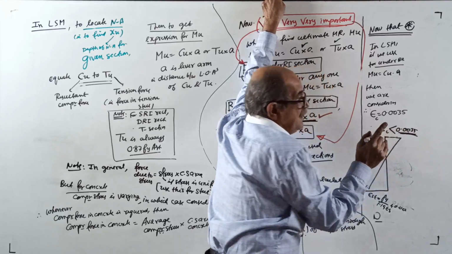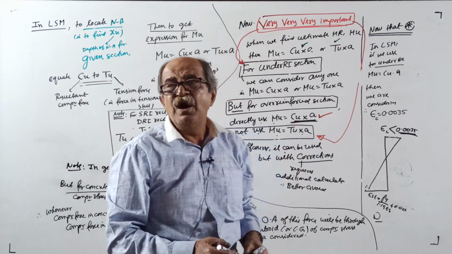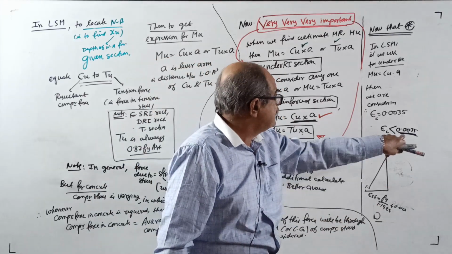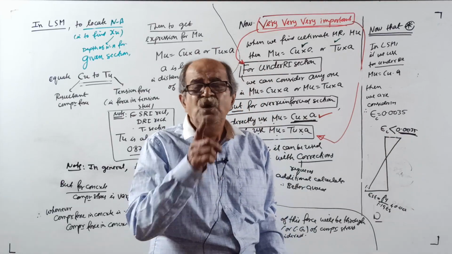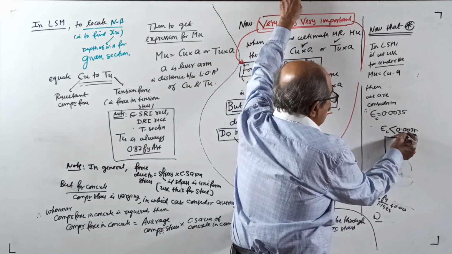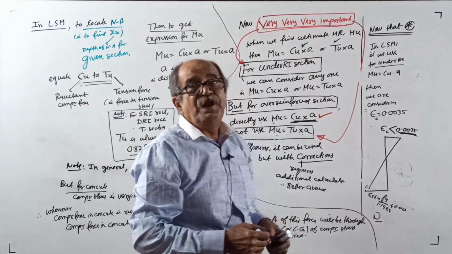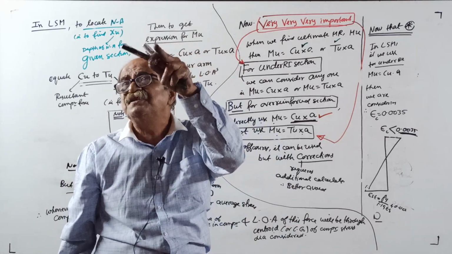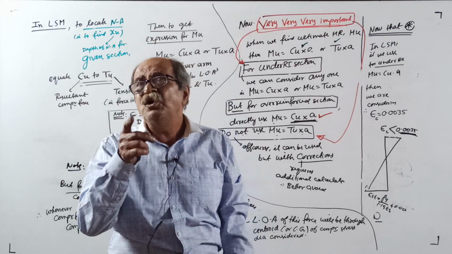So as per the definition, when the strain in steel reaches this value, strain in concrete in compression will not reach 0.0035, like the working stress method. When stress in steel reaches sigma St, stress in concrete will not reach sigma CBC. So we cannot use the full strength.